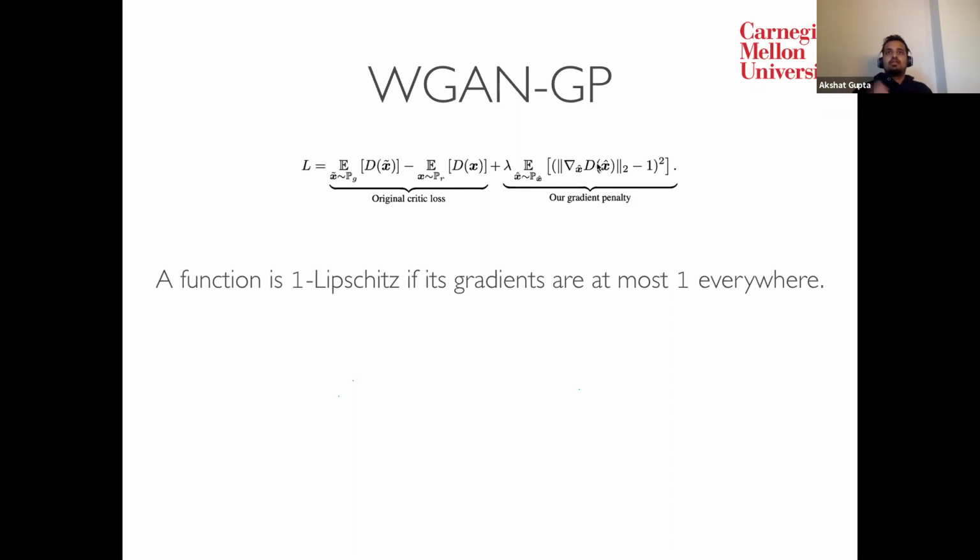In practice this works a lot better than the original WGAN formulation. For more details, I refer you to the WGAN-GP paper, Improved Training of Wasserstein GANs. It's a very easy read, and there isn't much else except for what I said, but it's a nice paper to go through.